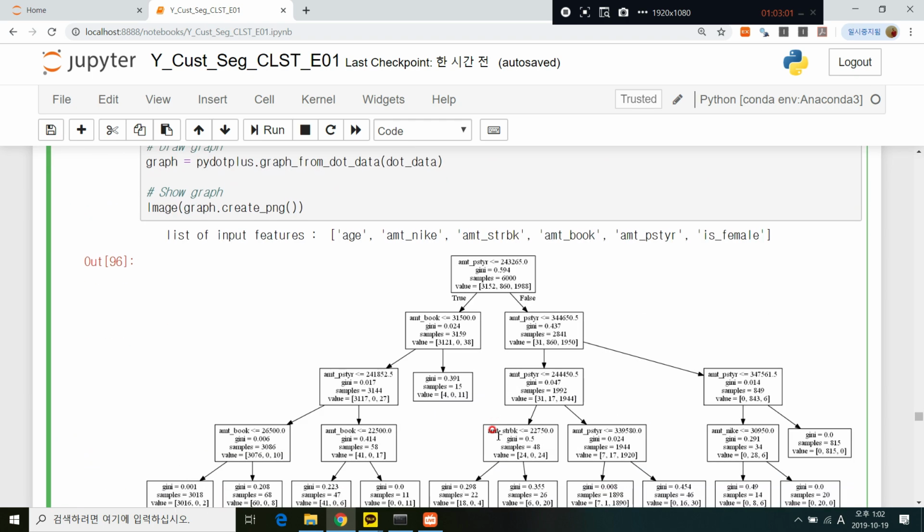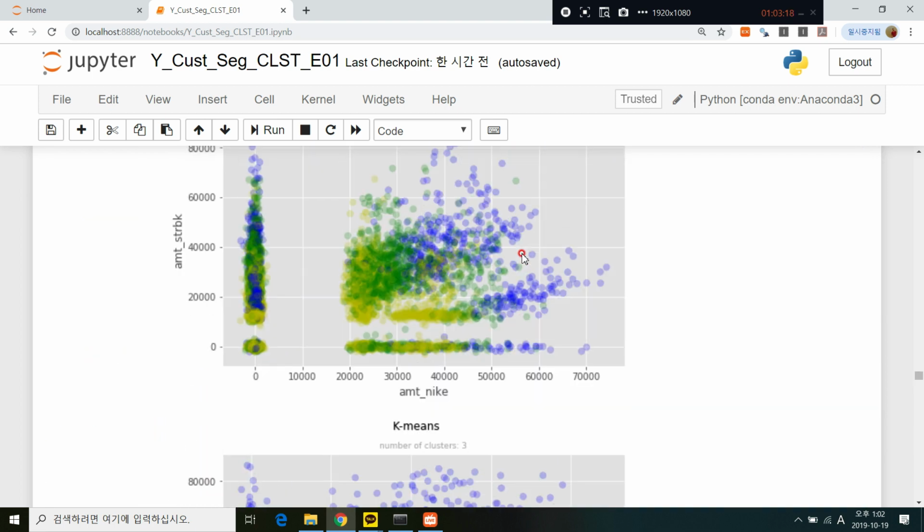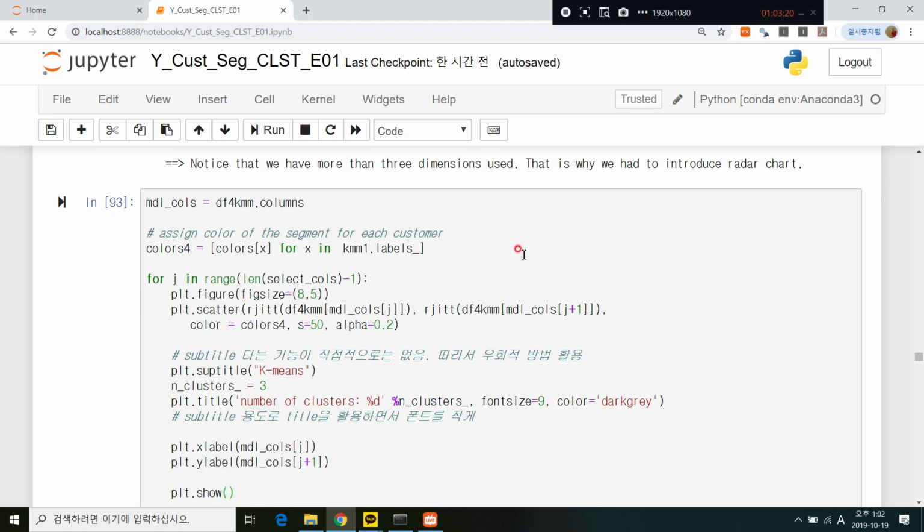Okay. Green, blue, red, yellow, green, red, yellow, blue, green, right? Yellow, blue, green. And that was the sequence in that order.